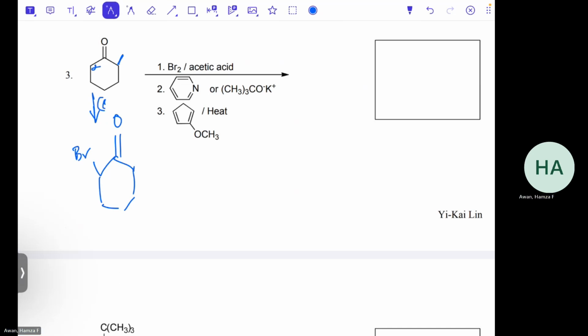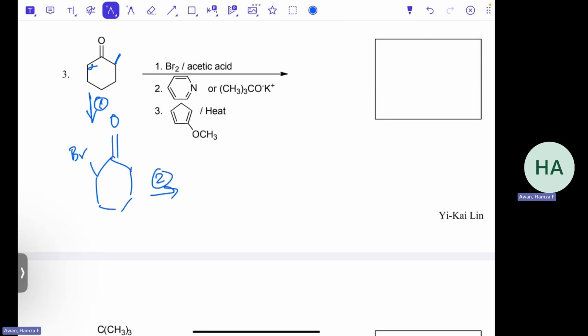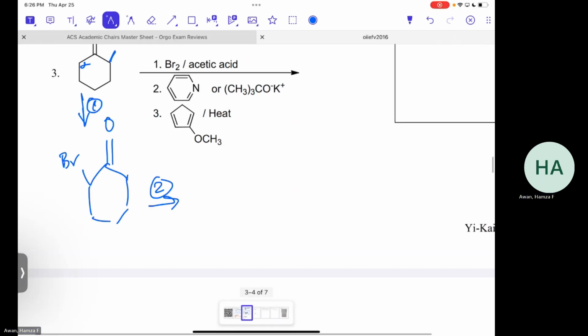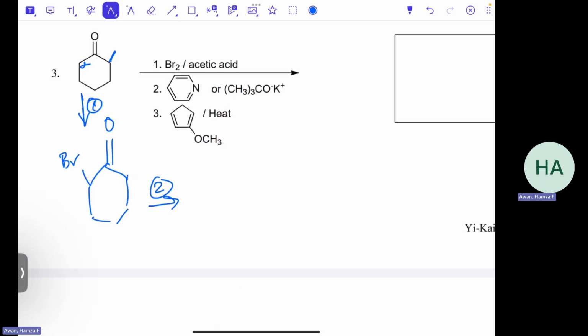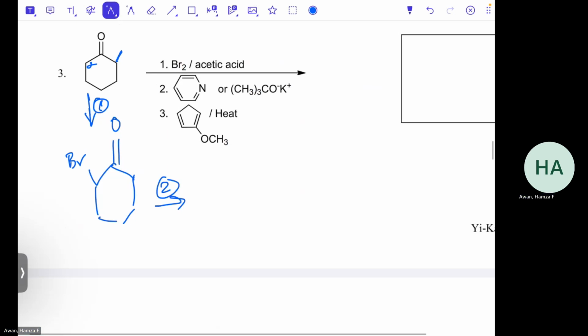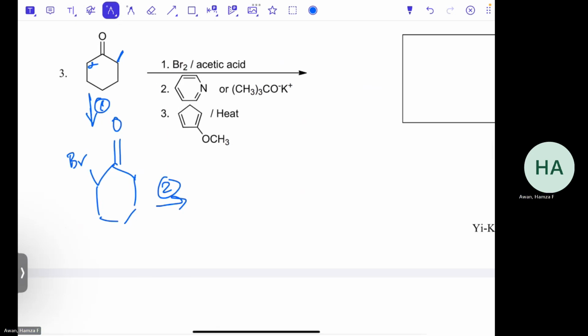So then the second step, this is a bulky base. I can't remember what this N structure is. I think it might be LDA. But the other one is t-butoxide, and t-butoxide we know is a bulky base.